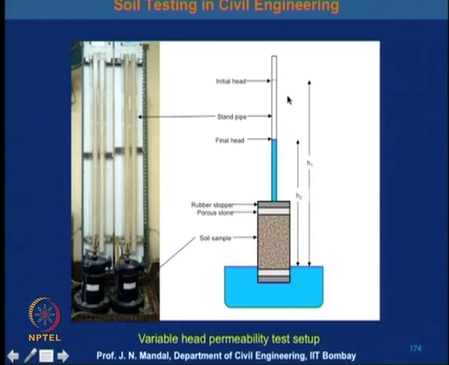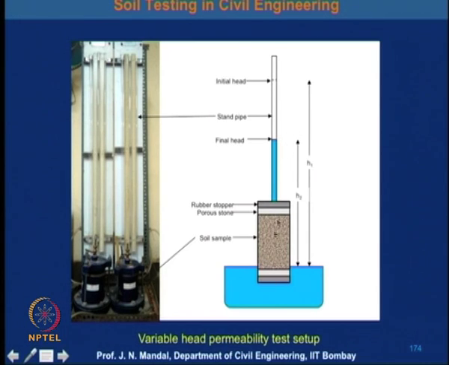Water falls from the initial height h1 to a final height h2 at a particular time. So h1 and h2 are the initial height and the final height.